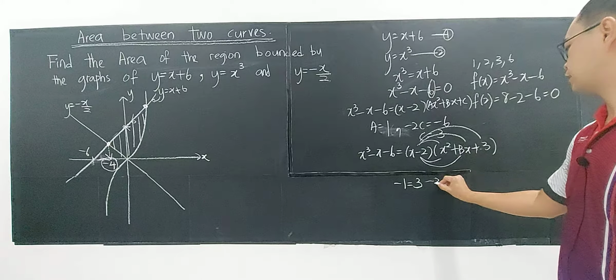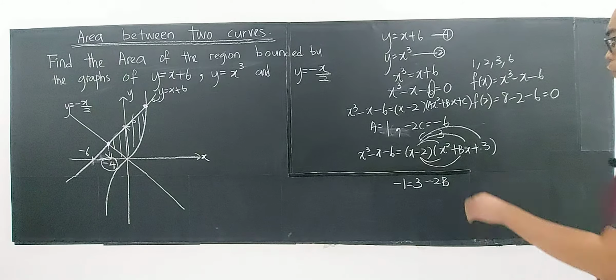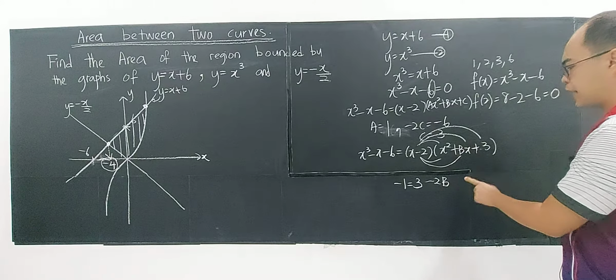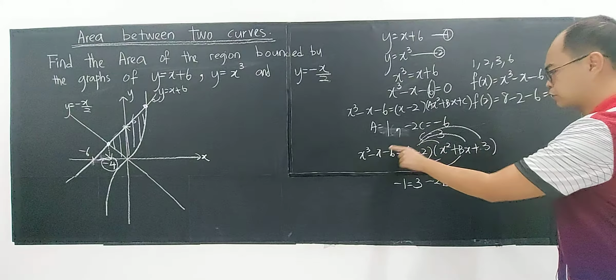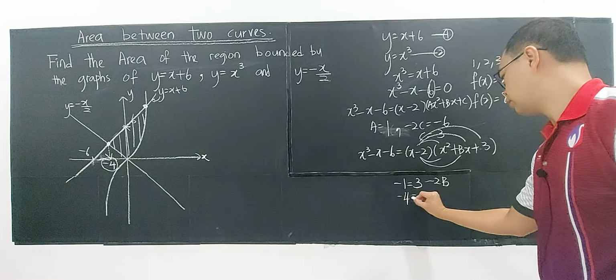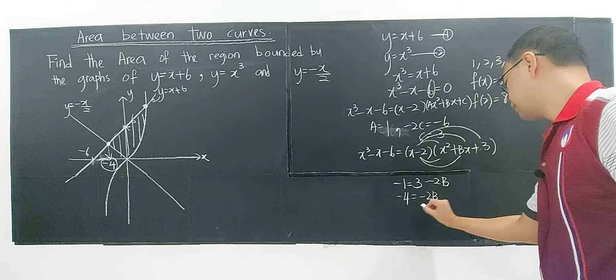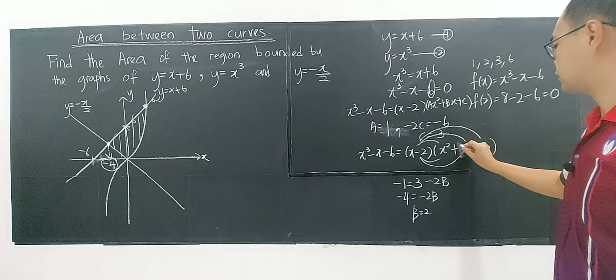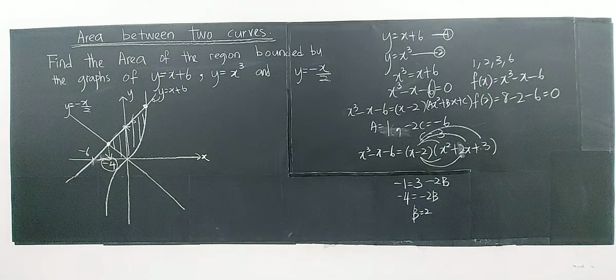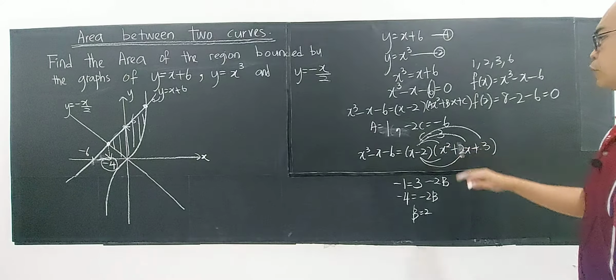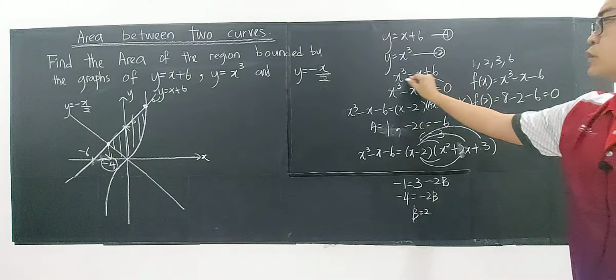Negative 2 multiplied by b gives negative 2bx, which is the coefficient for x also. So we get negative 4 equals negative 2b, and b equals 2. Finally I factorize this, and I have to solve this equation.